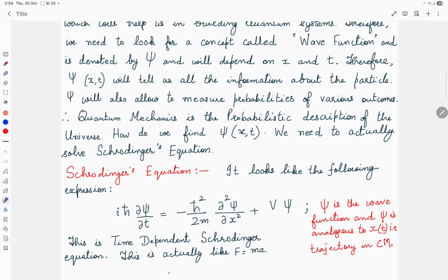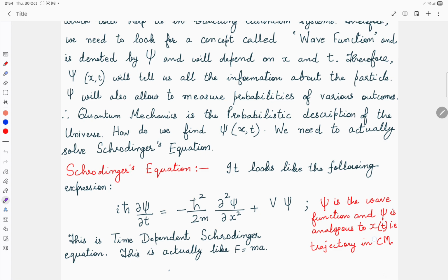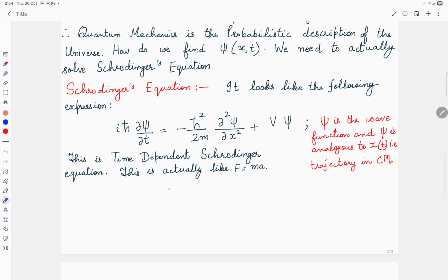Now this Schrodinger equation will have three terms to look at, if we look closely. The left hand side term is the derivative of the wave function with respect to time. We can say that this is the overall energy of the system, right?